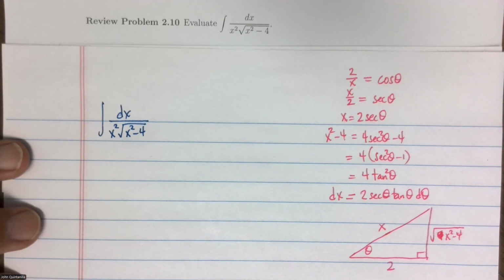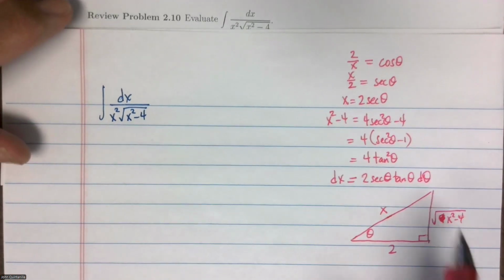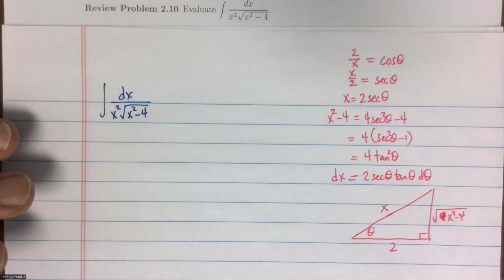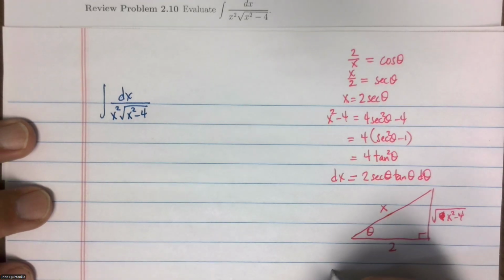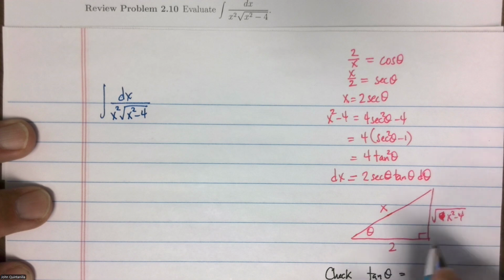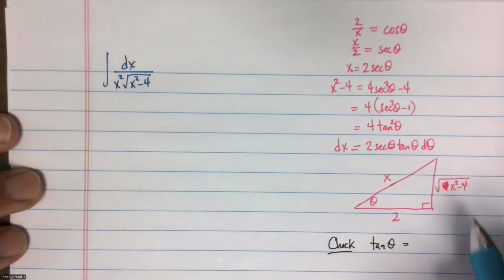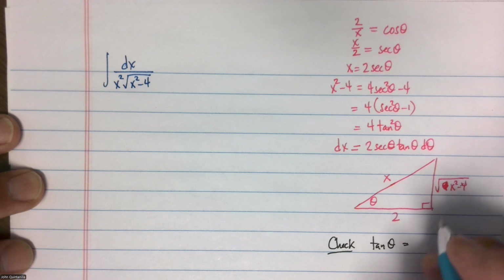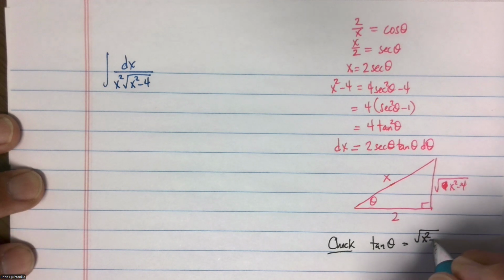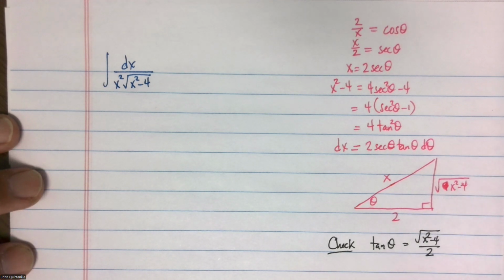Let's do a quick check to see if this actually worked. The tangent of theta, according to the picture, is equal to opposite over adjacent, the square root of x squared minus 4 over 2.